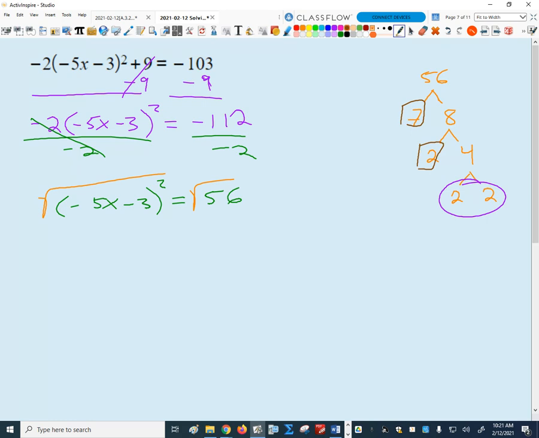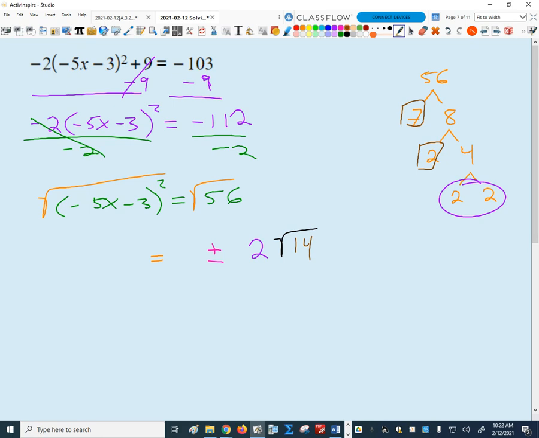So then this is going to end up giving us, on the other side of this equation, I have to include my plus or minus, right? Because I square rooted both sides. My 56 breaks up into 2 times the square root of 7 times 2, which is 14.